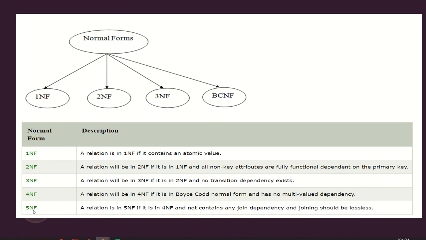The last one is 5NF. If you want to make a table into 5NF, it should be in 4NF, and it should not contain join dependency, and joining should be lossless. These are the main descriptions of each normal form. If you want to make a table into a corresponding normal form, it should satisfy all the properties specified for that normal form.